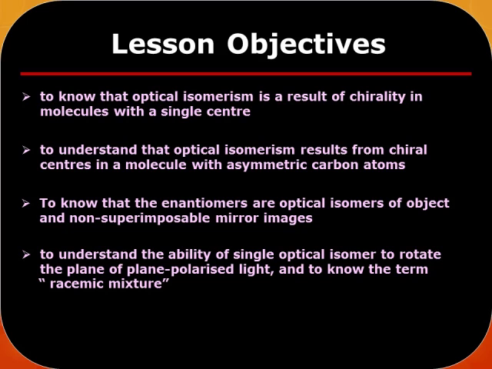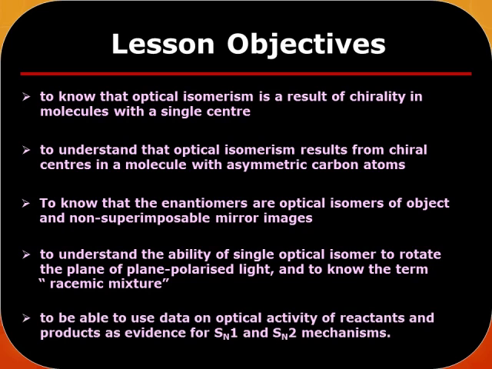And to understand the ability of a single optical isomer to rotate the plane of plane polarized light, and to know the term racemic mixture. And you will be able to use data on optical activity of reactants and products as evidence for SN1 and SN2 mechanisms.